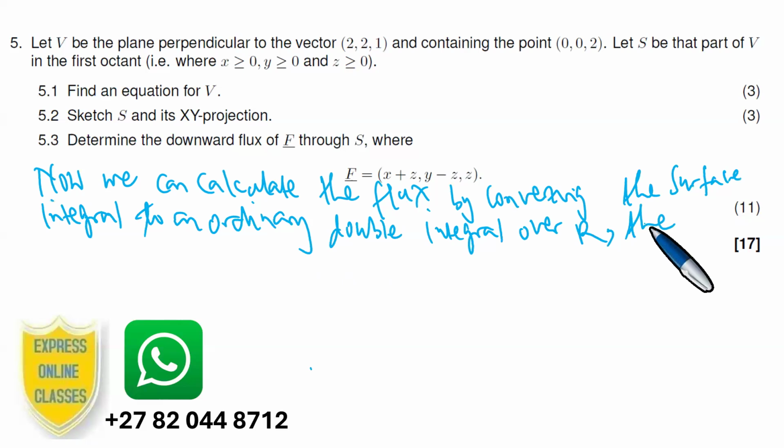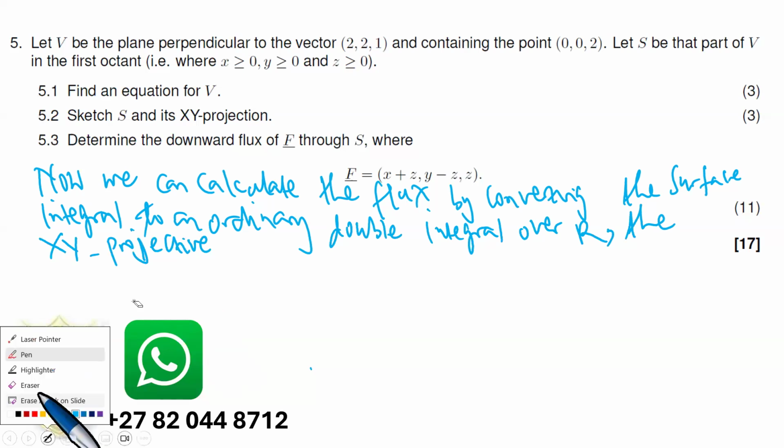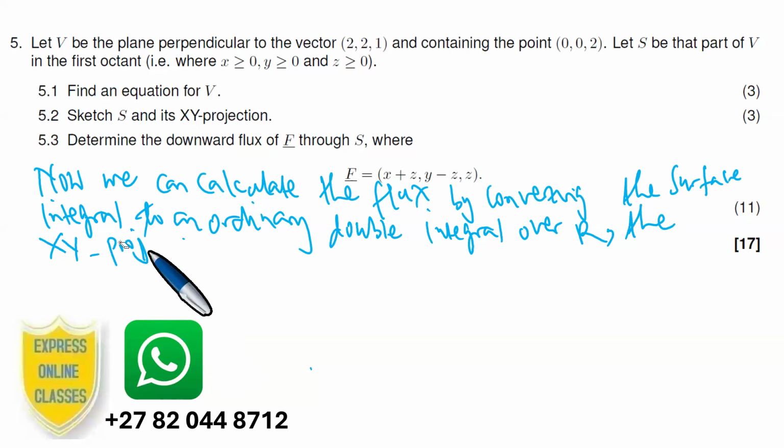The XY projection, right, because we dealt with the XY projection before for this region in the first octant.